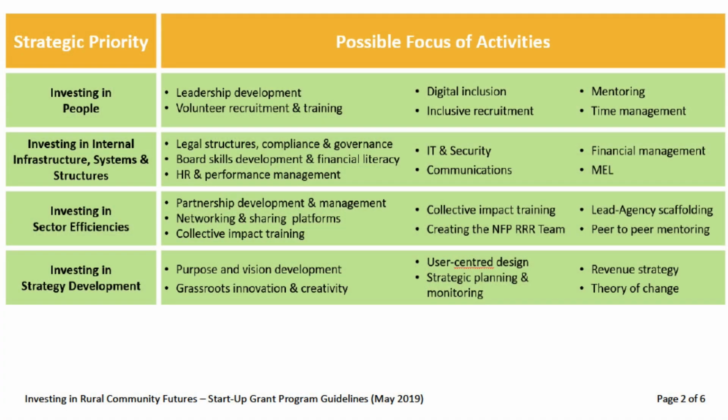When you look at the guidelines, I really want you to look at our priorities. So where your program fits in building organisational capacity and looking at the priorities of strategy, people, infrastructure and systems, and effectiveness, and linking that back to your program outcomes. If you're collaborating, make sure you're really clear about who's doing what in your program.